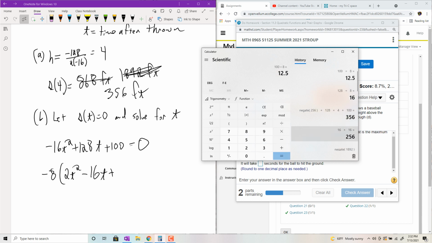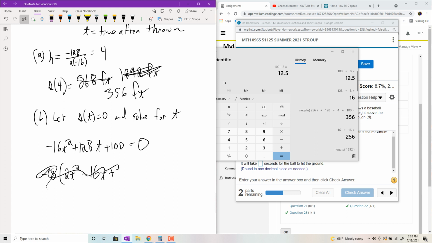There's the issue. So I can only pull out a negative 4. So 4t squared plus 32t plus 25 equals 0.